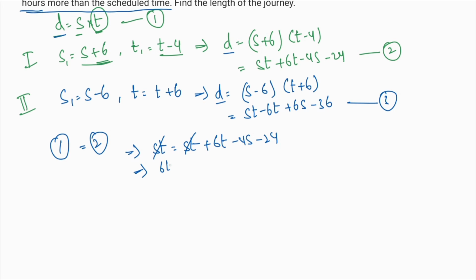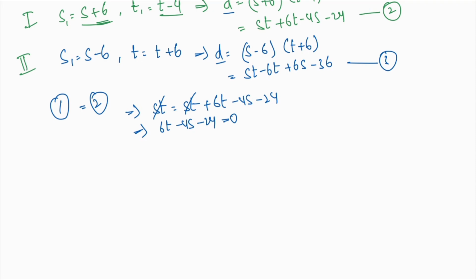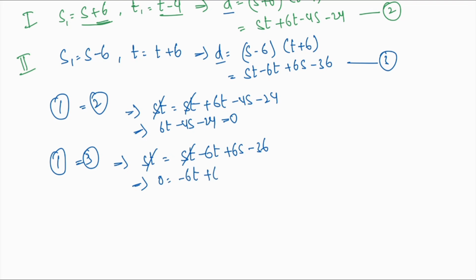We will get 6T minus 4S minus 24 is equal to 0. Now as the distance is same, we will equate first equation and third equation. We will get ST is equal to ST minus 6T plus 6S minus 36. ST and ST gets cancelled. 0 is equal to minus 6T plus 6S minus 36.